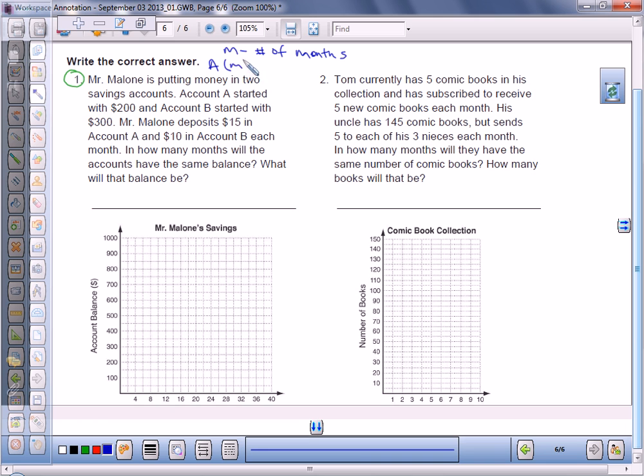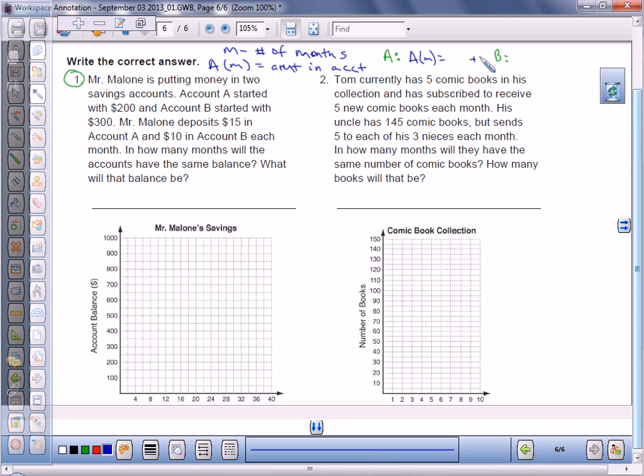So now I can set up the system. I have one equation that represents account A and another equation that represents account B. Okay, so the total amount in account A is equivalent to, what was my starting amount? $200.